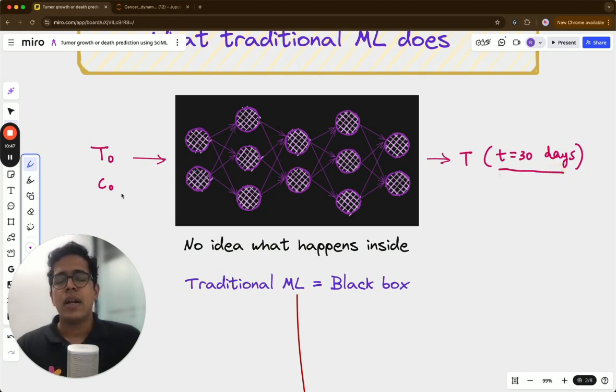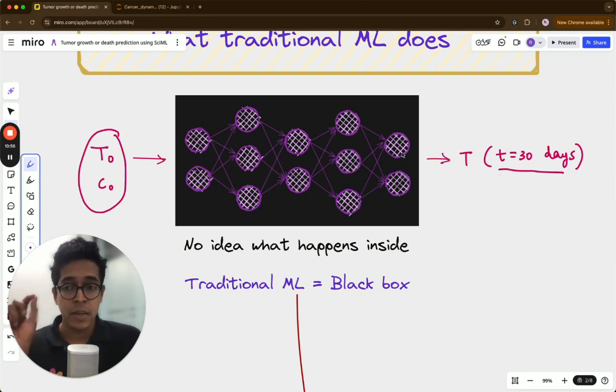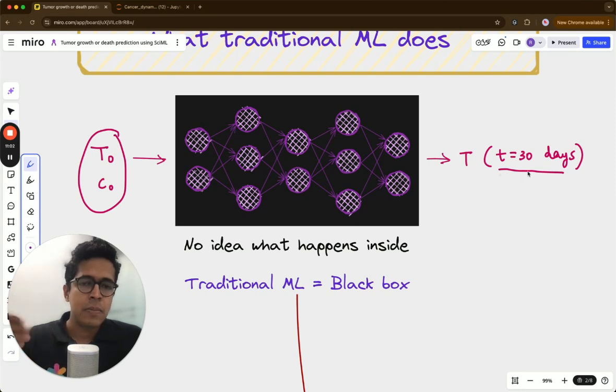Now, how does the neural network make this prediction? It can make this prediction by knowing this data. You should have the initial tumor size and the cancer intervention in terms of numbers. You should also have the tumor size measured from many experiments after, let's say, 1 month, for very many different patients.